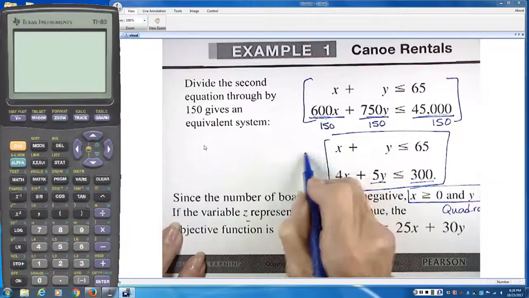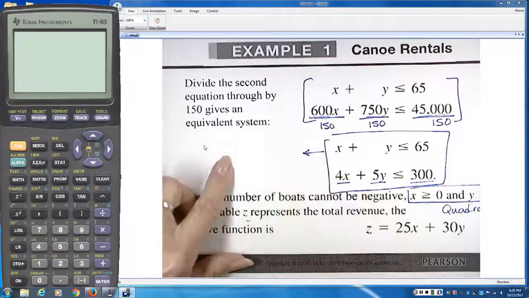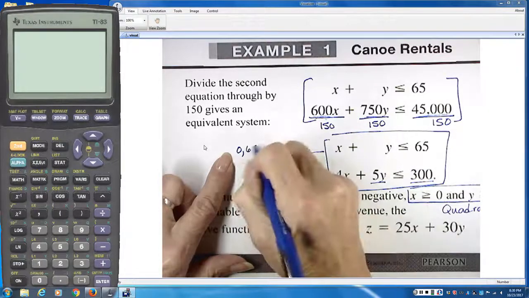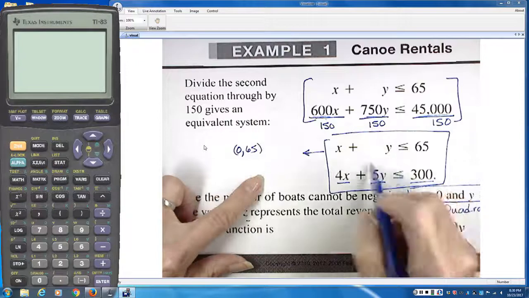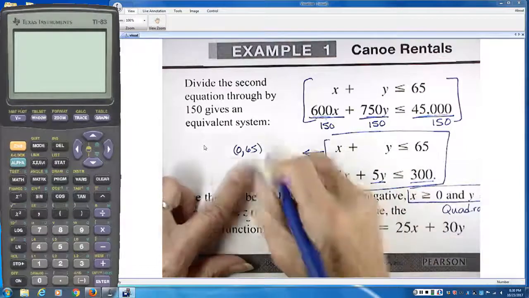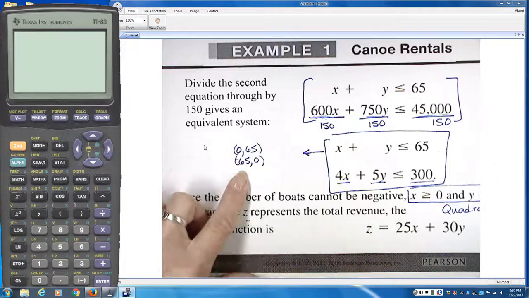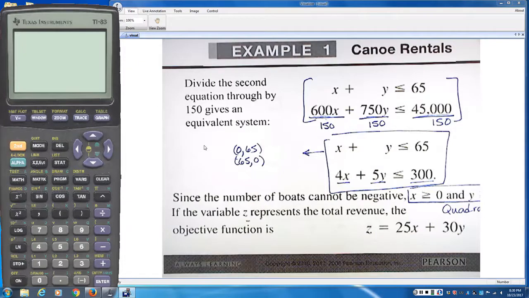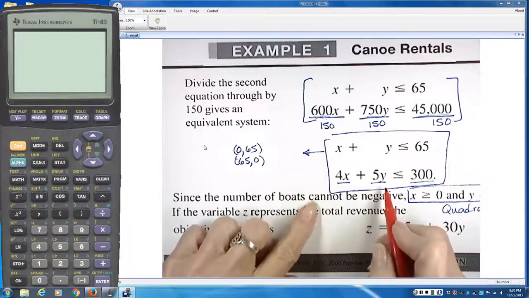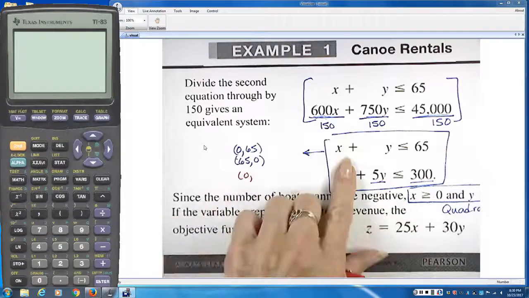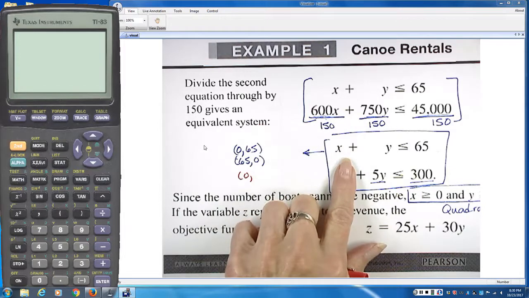So from this equation, here's what we know. We know that if x is 0, y is going to be 65. And we know if y is 0, that x is going to be 65. So that's going to give us 2 points for that graph. And then if we look at this one, if we let x be 0, then 5y is equal to 300 and y is equal to 60.